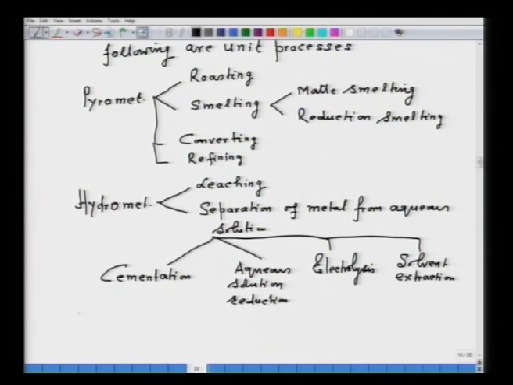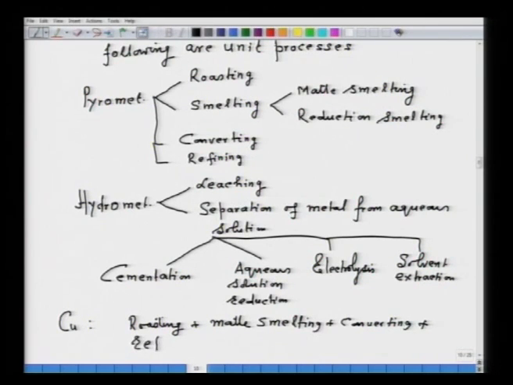Now, some examples. Copper by the pyrometallurgical route uses roasting plus matte smelting plus converting plus refining, it combines all of them.